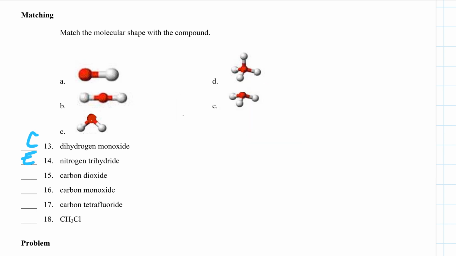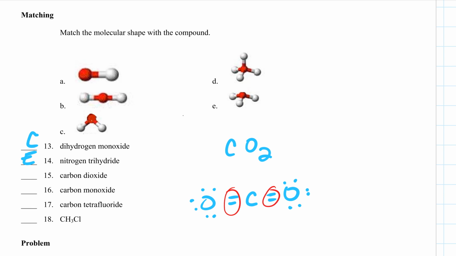Number 15, carbon dioxide. All right, that is CO2. Lewis structure is going to look like this. So areas of electron concentration, this one's a little different. We have 1, 2 around the carbon. The best way to get them spread out is for them to be 180 degrees from each other on the bond angle.